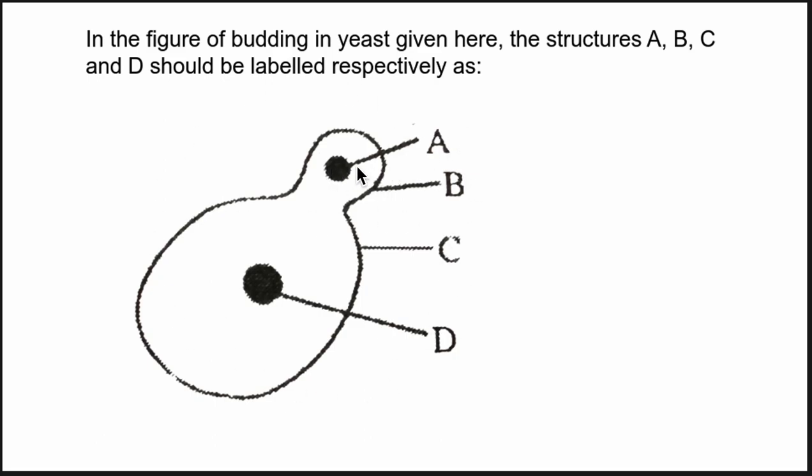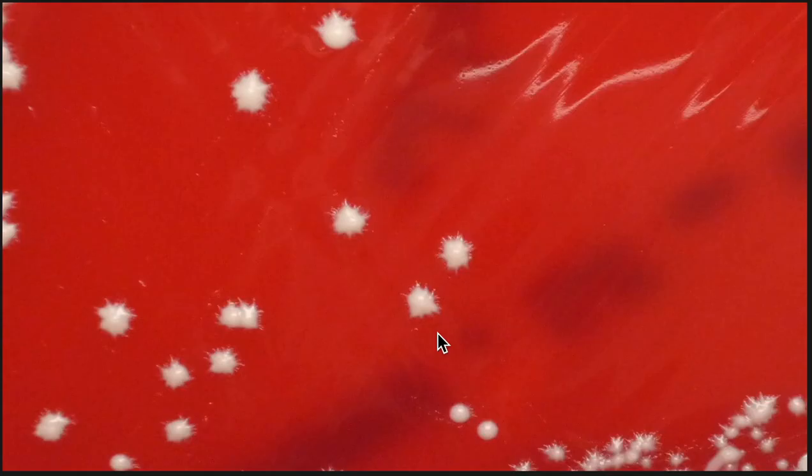Letter A is the nucleus. Letter B is the bud, the dividing daughter cell coming from the parent cell. Letter C is the yeast, and letter D is again the nucleus of the yeast. These are the colonies of yeast.